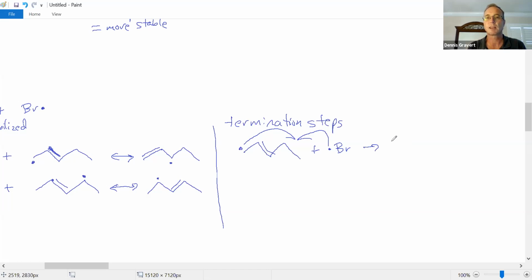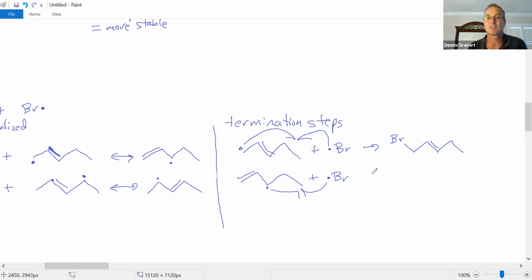Just kind of connect them together, and that attaches a bromine to the end of the chain. Cool. Grab any one of the other radicals. We need to do all 4. Yes. Just keep repeating it because we're going to get all 4 of these in the lab. So we're predicting what happens in the lab, and this is what happens.